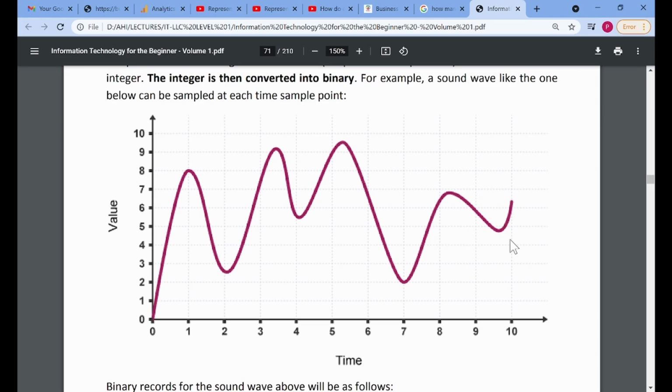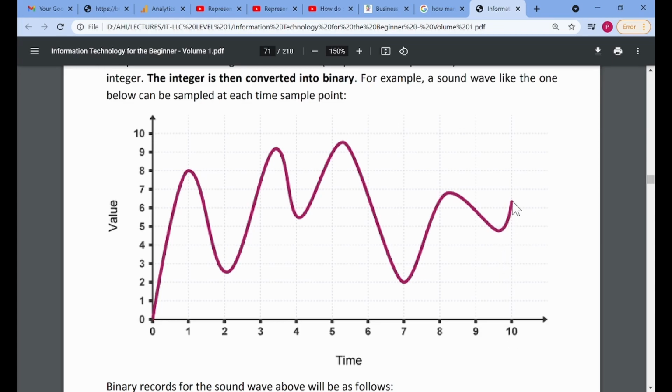Constantly, these waves are going through the ADC. So let's say that there's a line here. That line is the line of the ADC. And these waves, let's assume they are traveling.